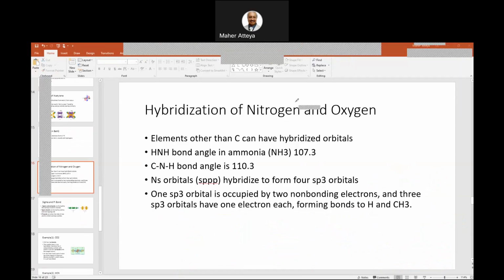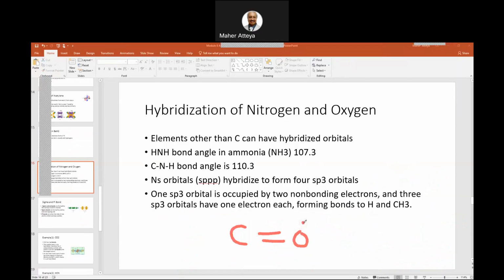Let's look at carbon dioxide. And this is a very famous question, even in the test banks. So what is the hybridization on carbon with oxygen?